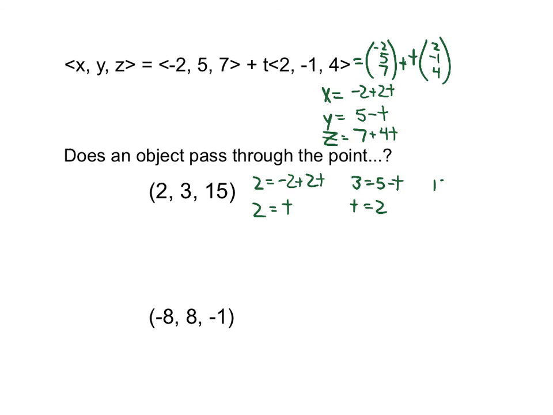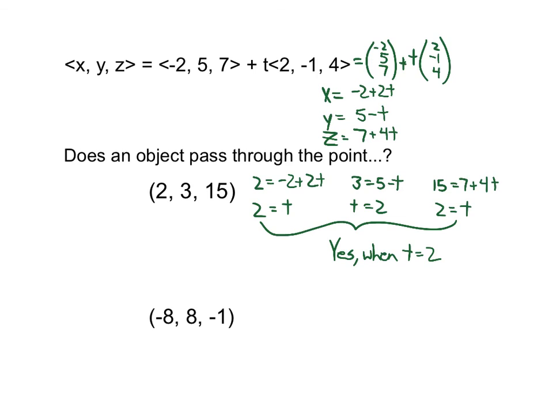It's got to equal 15. So 7 plus 4t. I subtract, I get 8. 8 divided by 4, t equals 2. So since these are all the same, the answer is yes. When t equals 2. Okay?